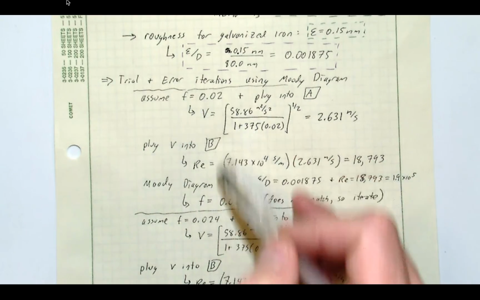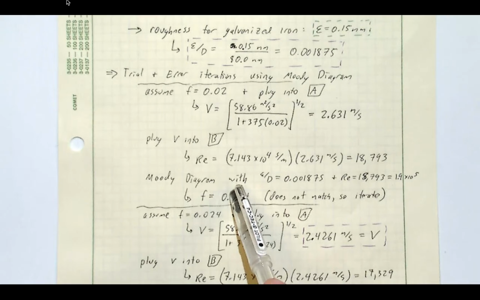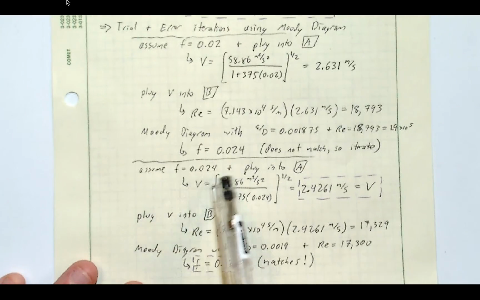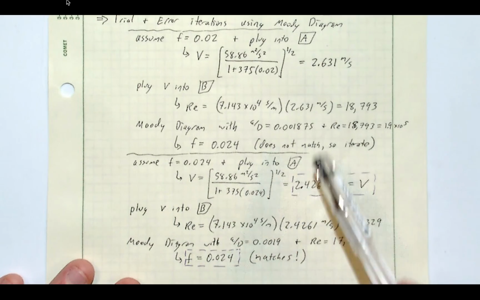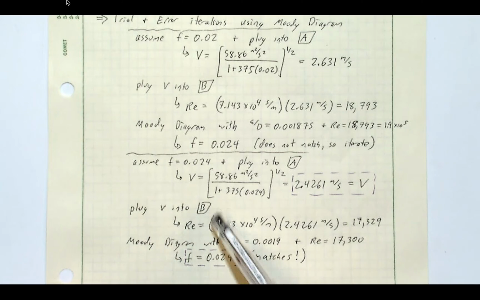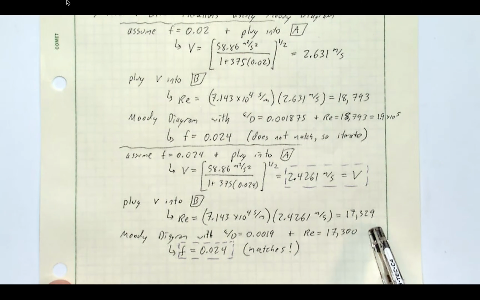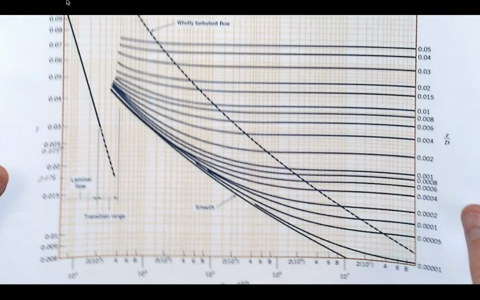That doesn't match what we assumed, therefore we need to iterate another time, and let's use this value to iterate on. We go through all the same steps again. Assume this friction factor, plug it into A to determine what velocity it would be associated with, plug that velocity into B to determine the Reynolds number, and then with our epsilon over D of 0.0019, using the same curve, and now a Reynolds number of about 1.7 times 10 to the 5.